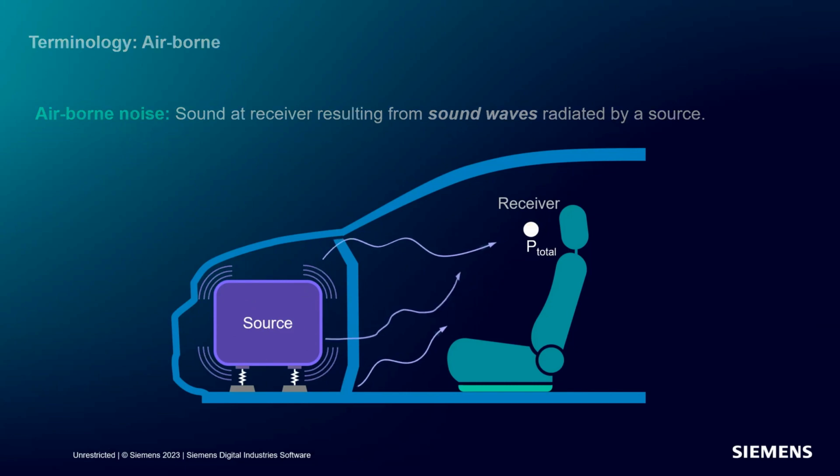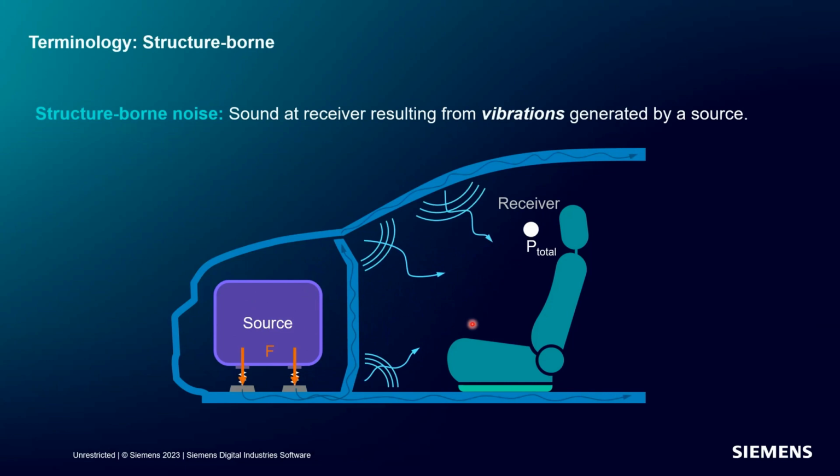If we do the opposite here, this would be an example of structure-borne noise, where vibration is imparted and forces go into the structure, which vibrates the structure. And then from the surfaces here, it goes airborne to the operator ear.